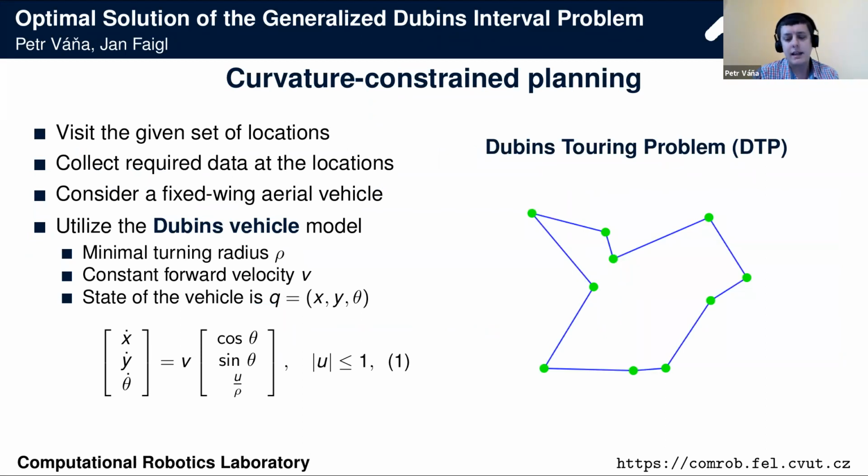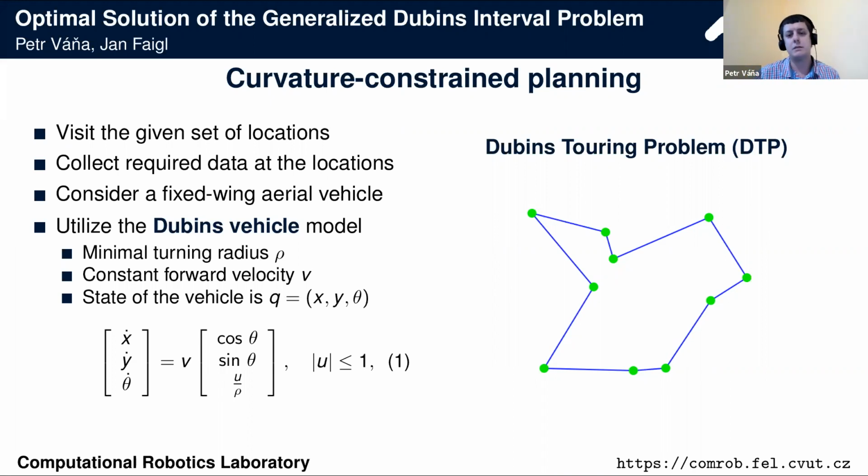So if we say we have the simplest model, which is called the Dubins vehicle, we are traveling in a plane with a heading angle, and the only constraint we have is the minimum turning radius.